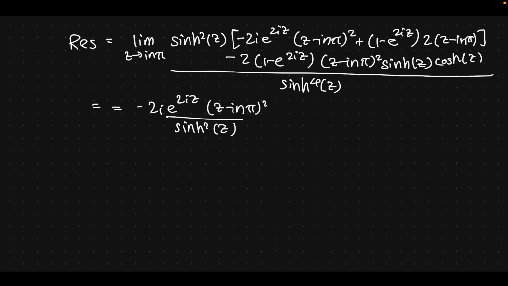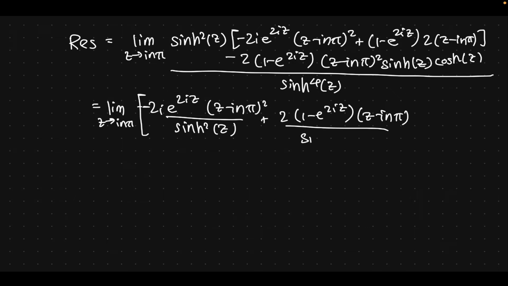And we're all taking the limit as z goes to i n pi. The third term is 2 times z minus i n pi divided by sinh squared z.